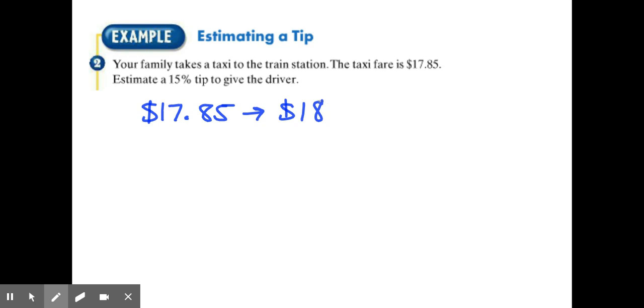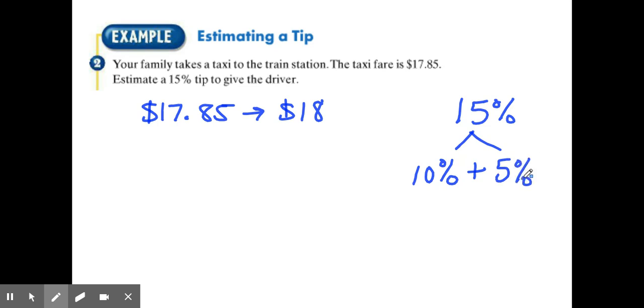And I'm going to break that 15% into 10% plus 5%. So 10% is very easy to take. We just take the number and divide by 10, or move the decimal one place to the left. So 10% is $1.80. 5% is half of that.